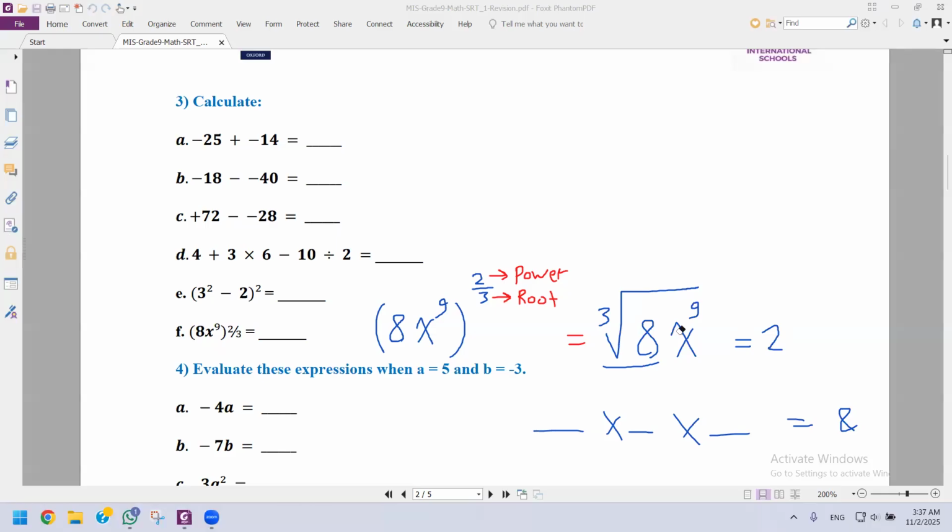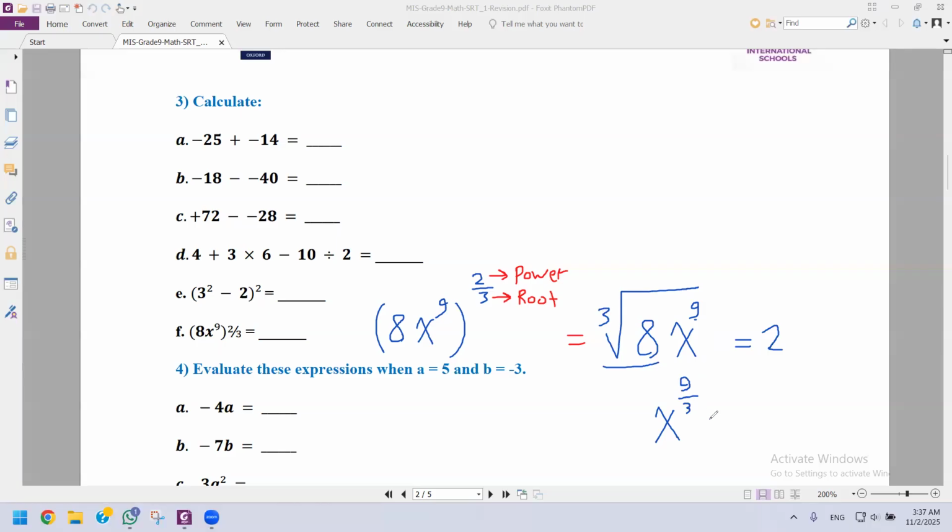Then, mister, how can I do x power 9 cube root? Isn't it too much? No, it's easy. We said, let's make it as a fraction. What do I write in the fraction? Power and then root. What's the power of x? 9. What's the root that I have? 3.